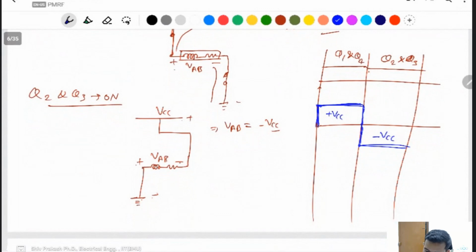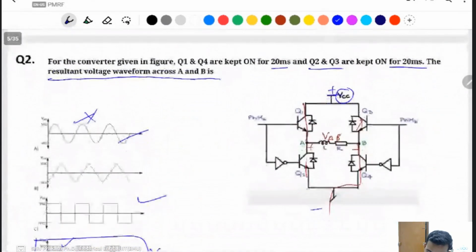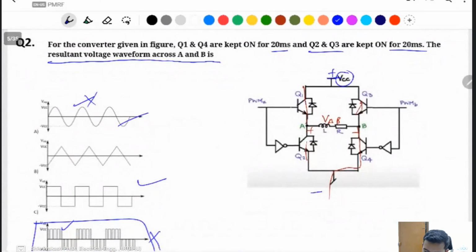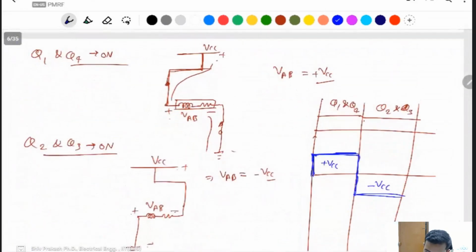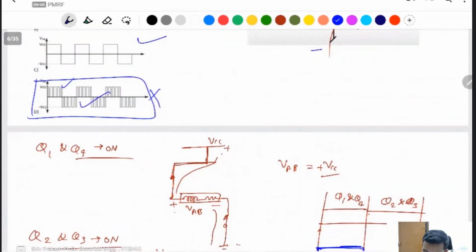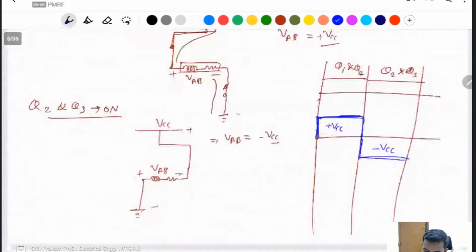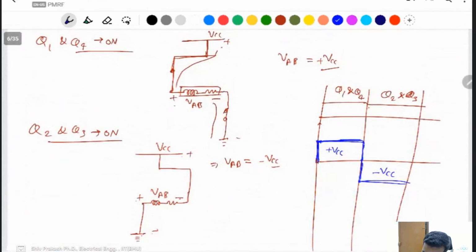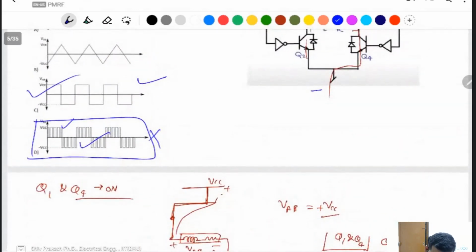If the ripple in the pulsating were 2 or 5 milliseconds, then you could switch on and off like that, and in that condition this would come in the output. But here it clearly mentions that 20 milliseconds is kept on and 20 milliseconds is kept off. In that time frame, Q1 and Q4 are on and then off, and Q2 and Q3 are on. The answer B is correct.